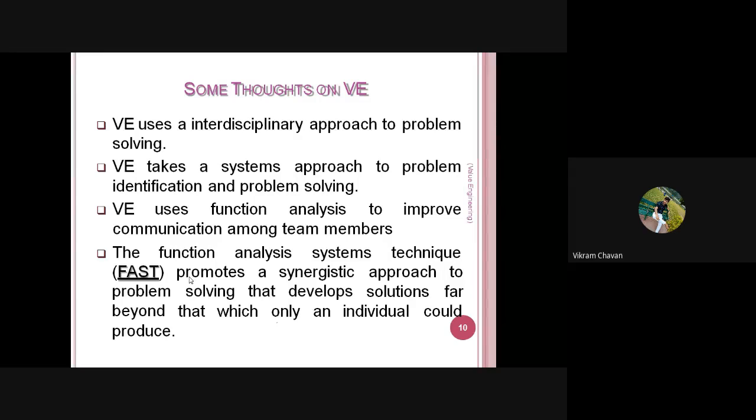So everything is clear about value engineering and value analysis.